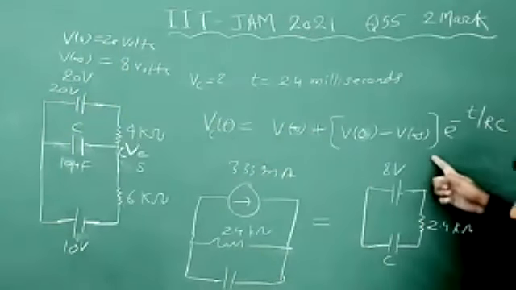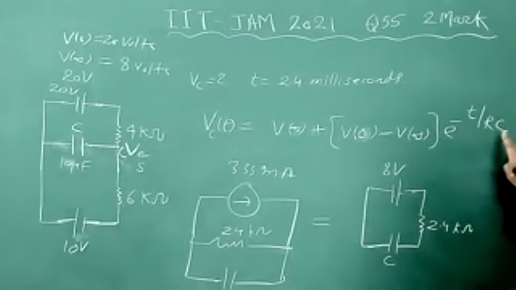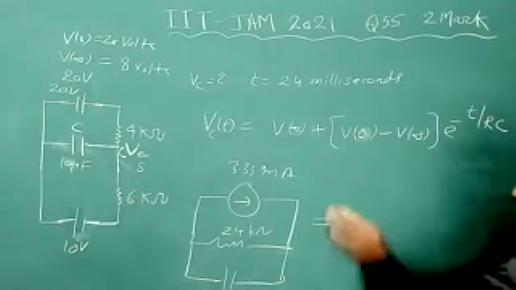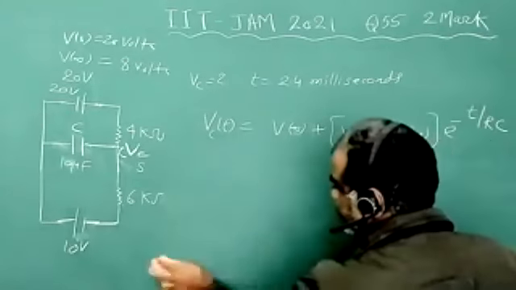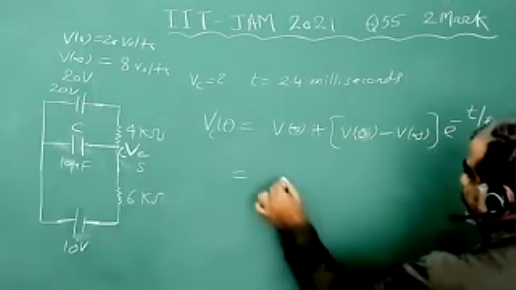We can apply the formula here: we know the R equivalent, the C value, and the time, so we can solve like earlier and get the answer.